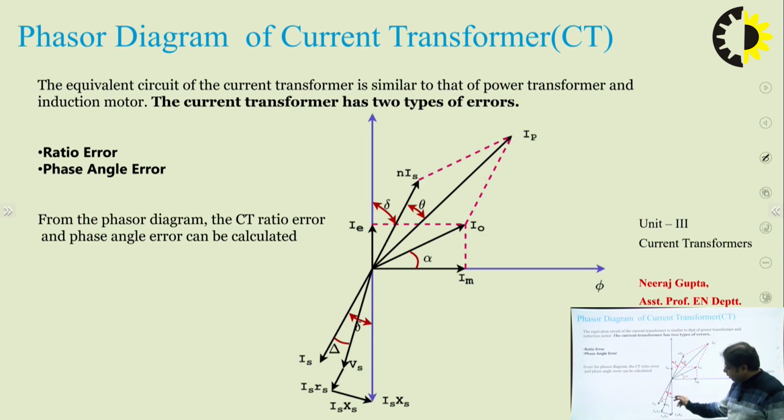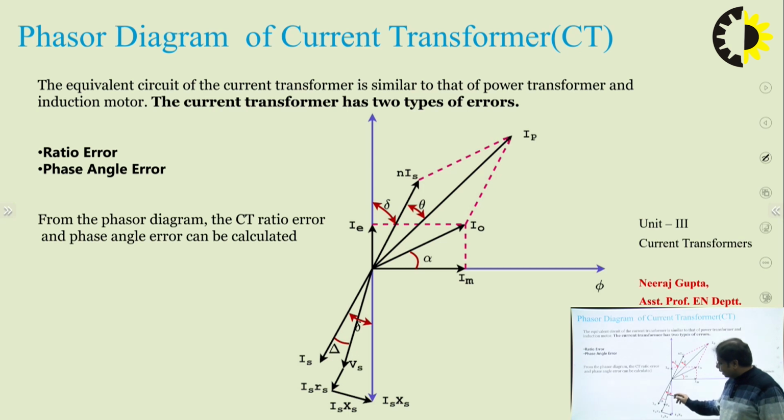If we look at the secondary circuit, we assume the direction of IS with respect to the secondary voltage. Because the load is inductive in nature, the current will lag the voltage. So Vs is the secondary terminal voltage, and Is is the secondary current, displaced by the angle delta, which is the phase angle of the load.